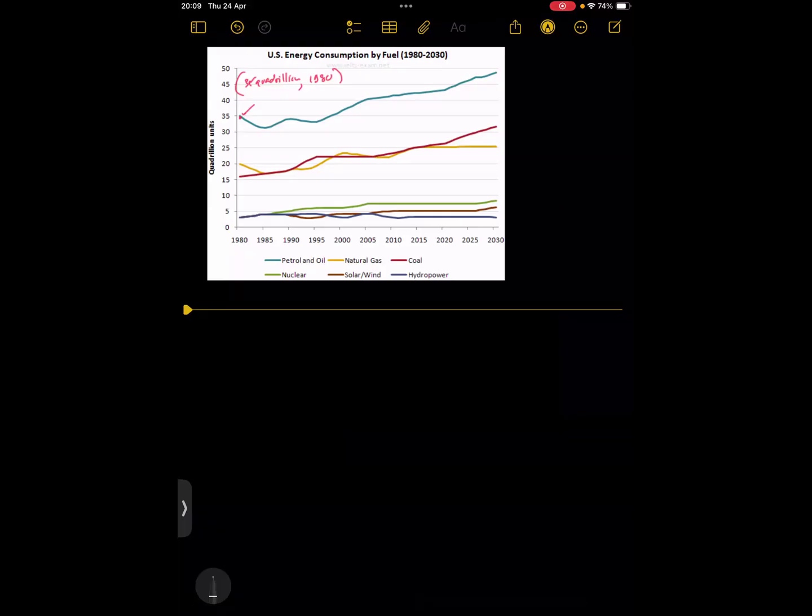It consumes energy. But the energy that it consumes has to come from some fuel. And there are many different fuel sources below the chart. So petrol and oil is one of the fuels from which their energy is consumed.